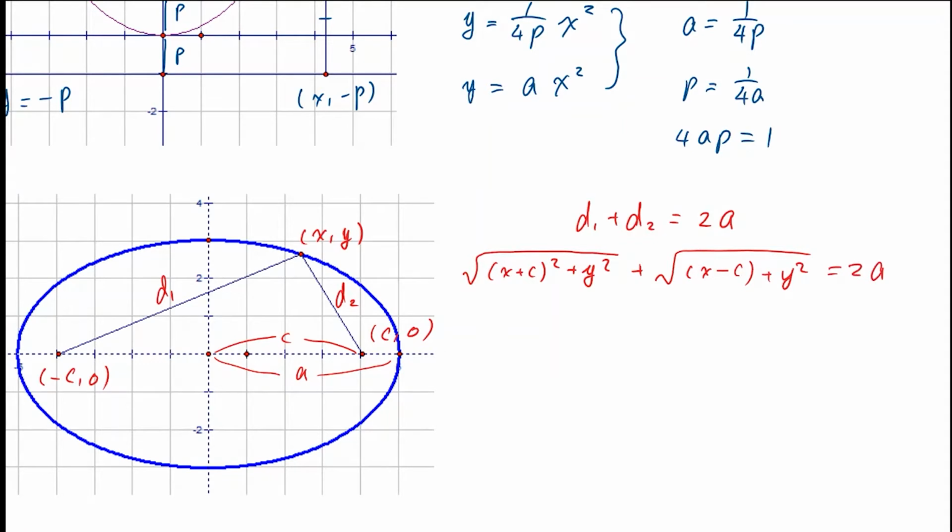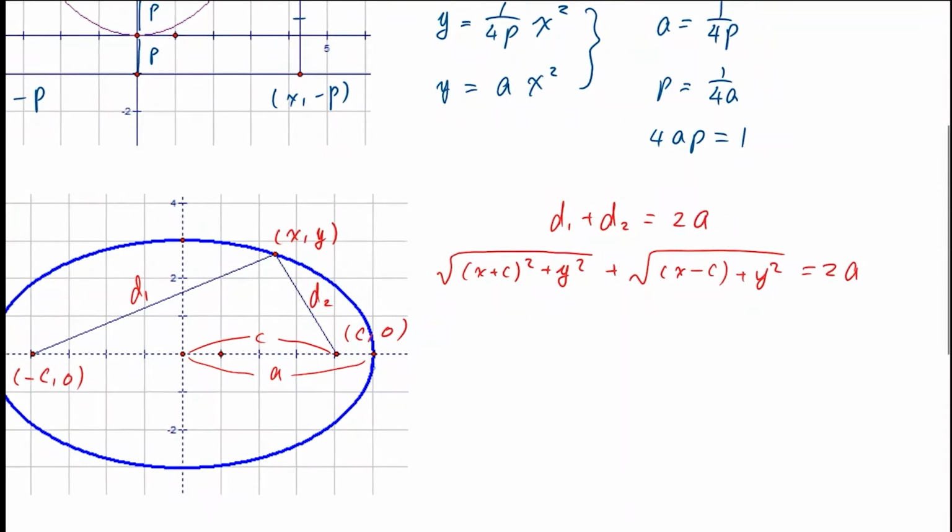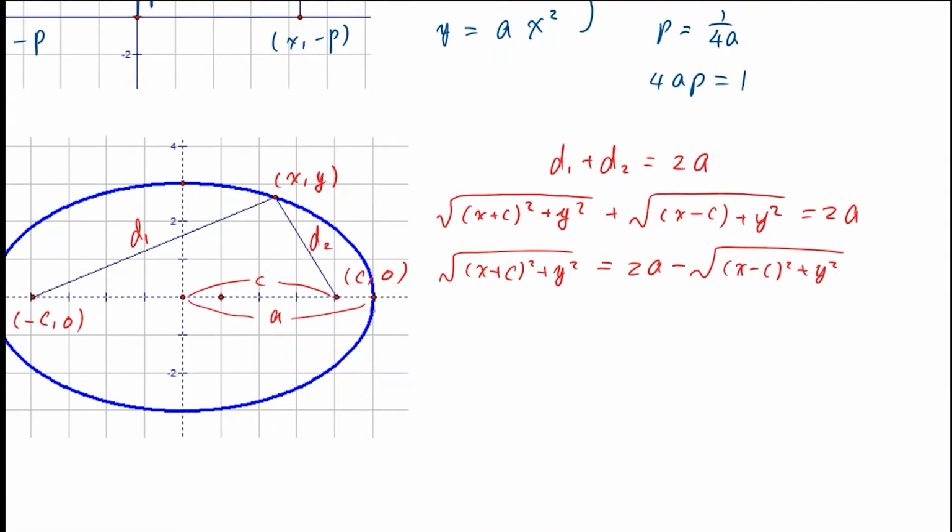So far with me? Now, if you square this side, you learned in algebra 2, you cannot really square both sides and that becomes crazy. So we have to send one over to the other side. So let's do this. And then we'll square both sides, okay?